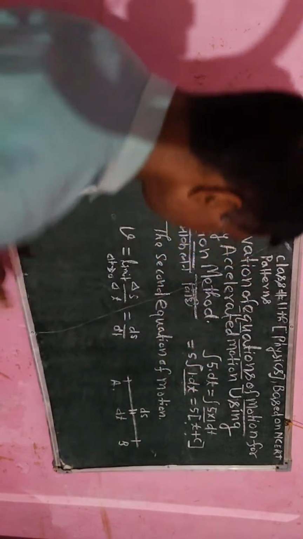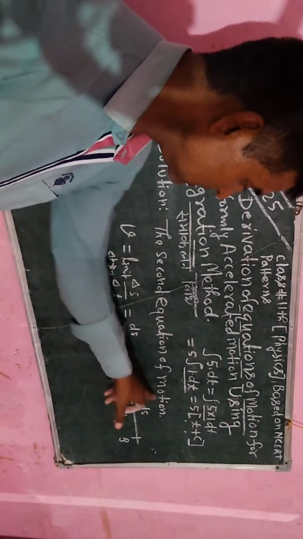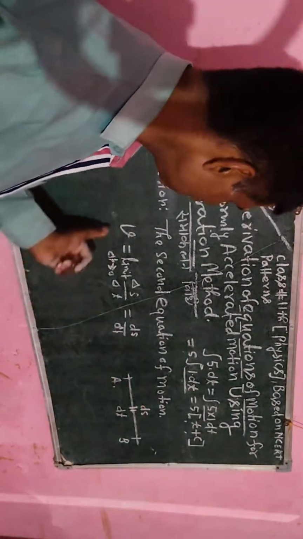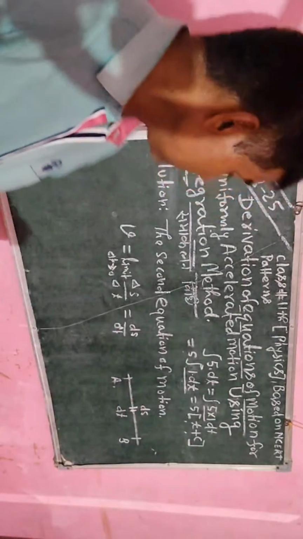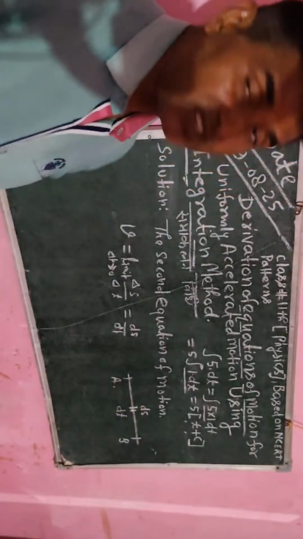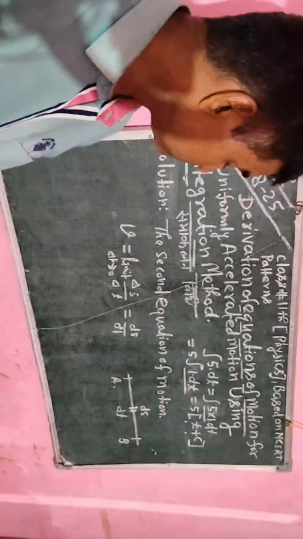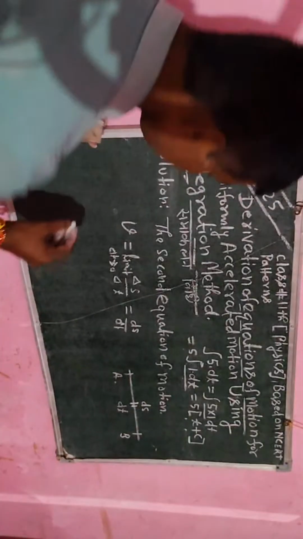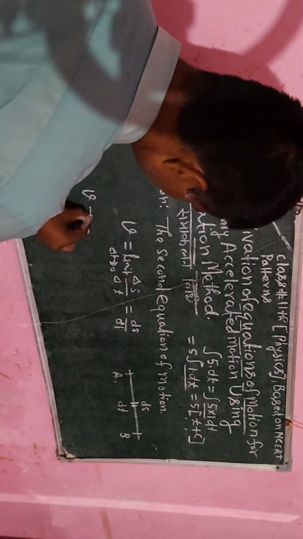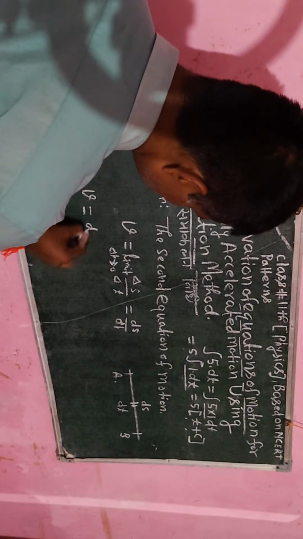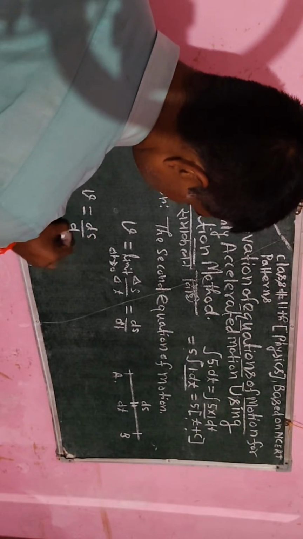So I can write v equal to ds divided by dt.